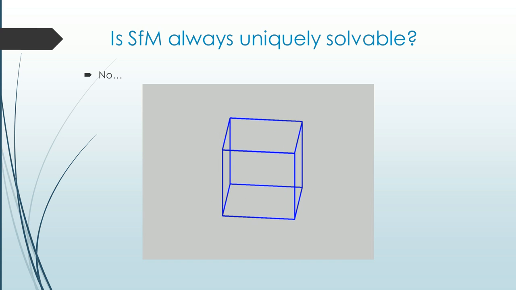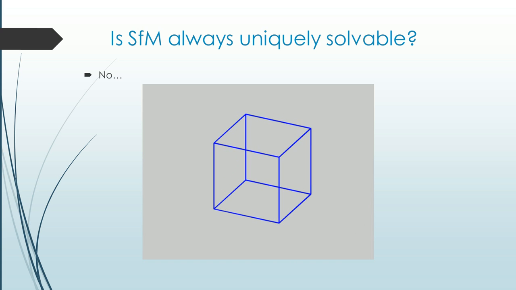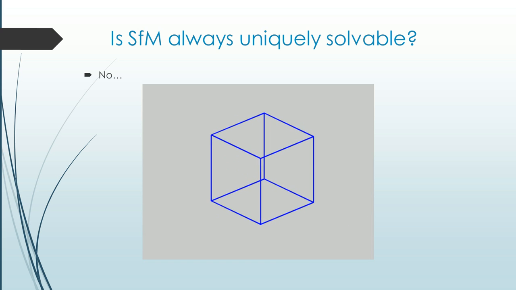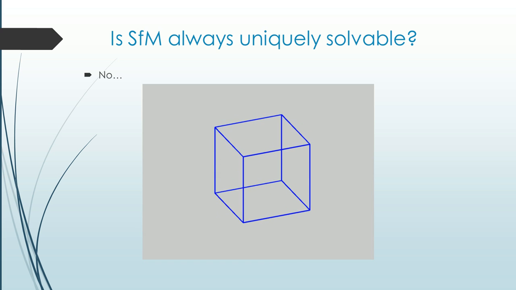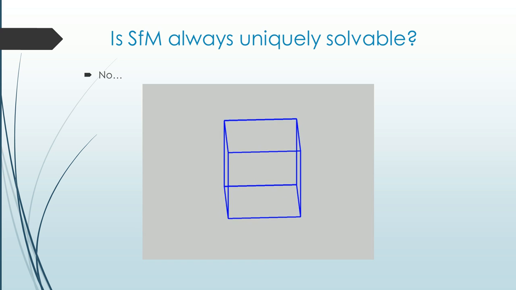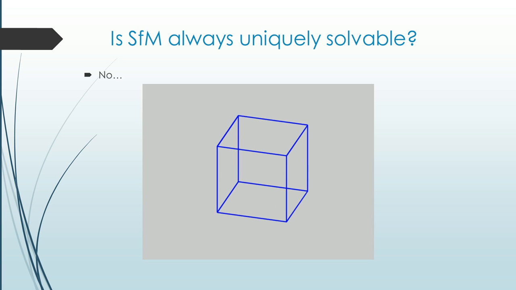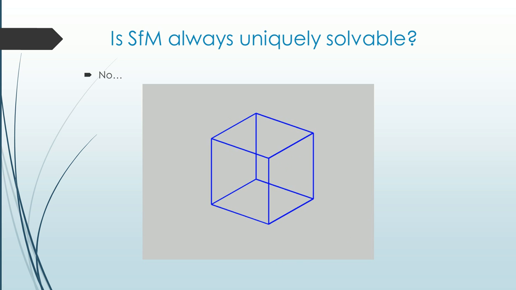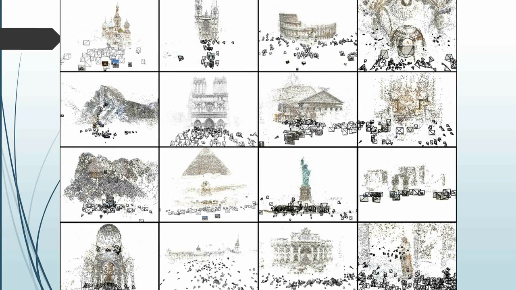Well, the answer is no, because as you can see here, we can have very similar features that sometimes can be confused if we change to a different position or orientation of the camera. However, in the cases where we succeed, we have many examples of actual 3D reconstruction based on this approach.